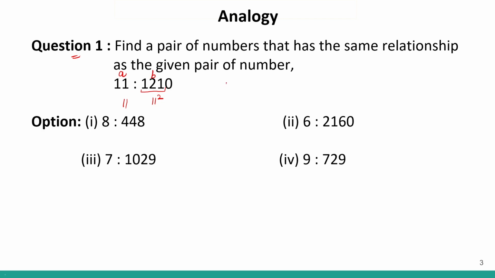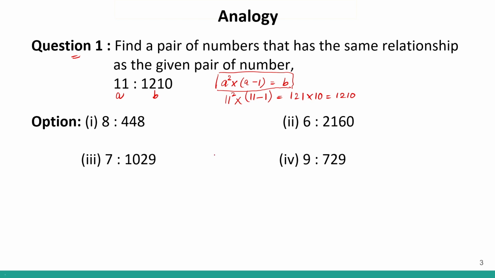So basically, A square into A minus 1 is giving me B. How? 11 square into 11 minus 1 will be 121 into 10, which gives me 1210. Correct? This is the relationship: A square into A minus 1 equals B, where this is A and this is B.